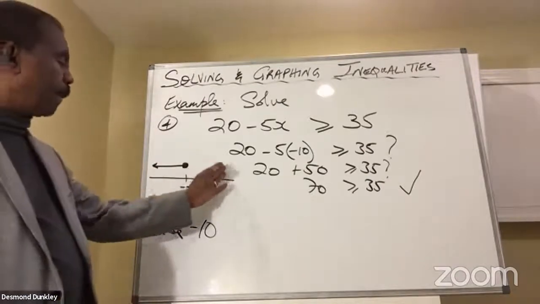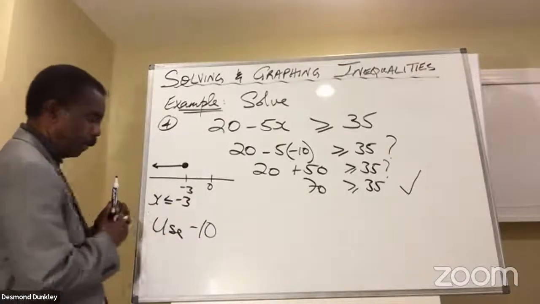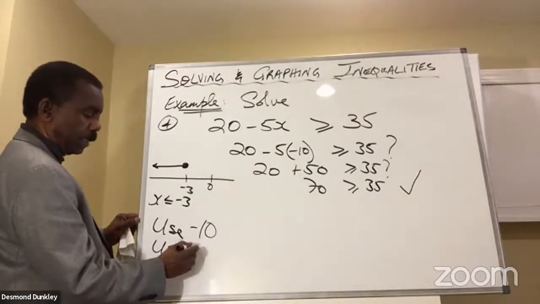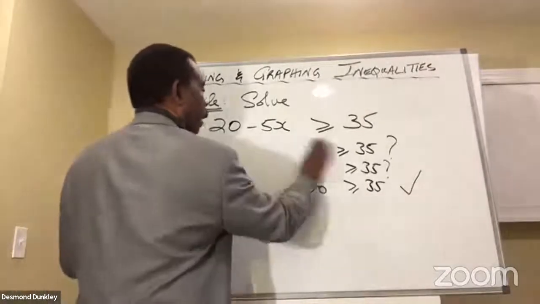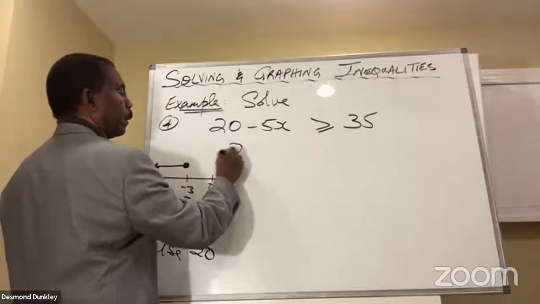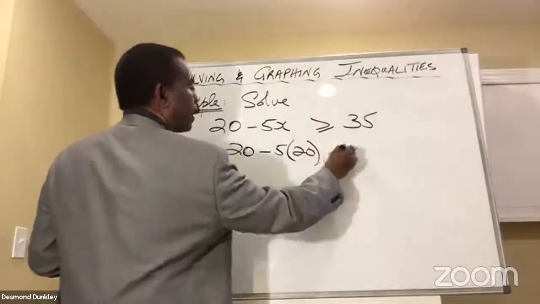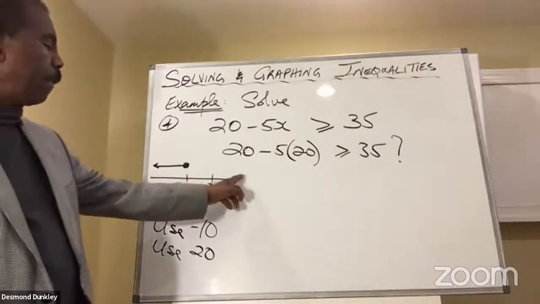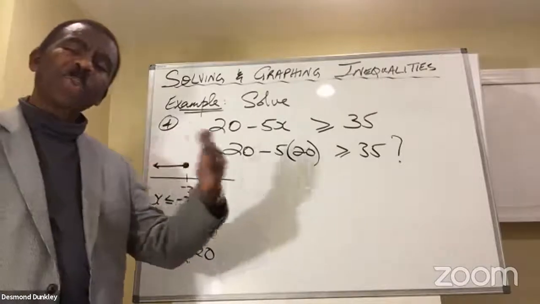Let's try a number above negative 3, and then that should take care of this for us. Let's use 20. So 20 minus 5 times 20. Is that greater than or equal to 35? Well, if we use a number that is above negative 3, it should fail. It's not in the solution set.